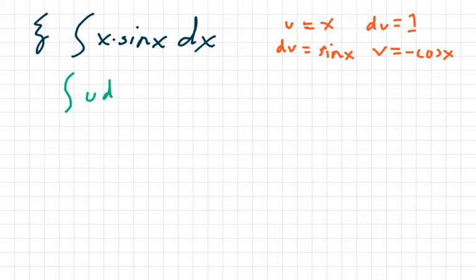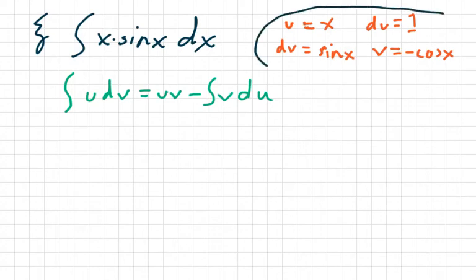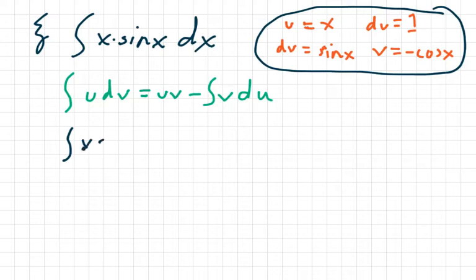So u dv equals u times v minus v du. That's the formula we're going to substitute all of our stuff into. So our u, this is always going to be the question, x sine x, that's our u and our dv. And of course you can keep your dx there, but I'm not too worried about that right now.